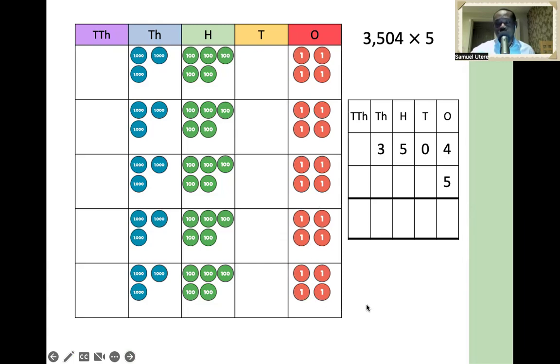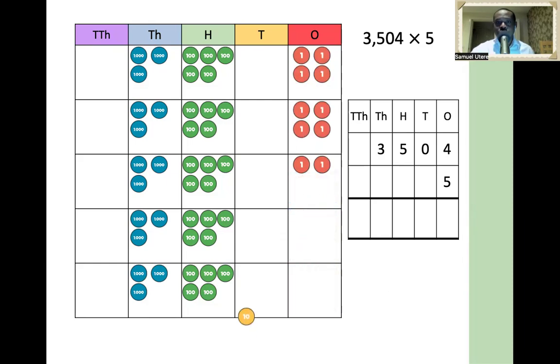5 times 4 ones, we can see here that we now have 20 ones. Immediately we see that we have 2 groups of 10. So 10 ones, we can exchange for 1 ten, and then we can exchange another 10 ones for 1 ten.